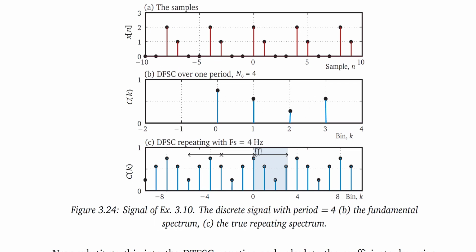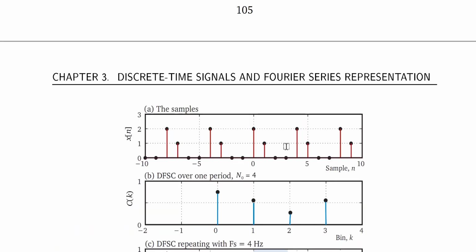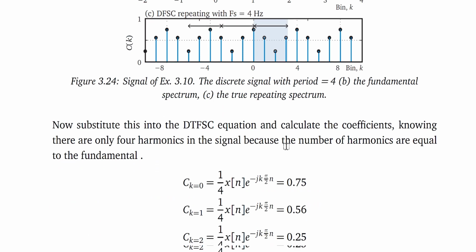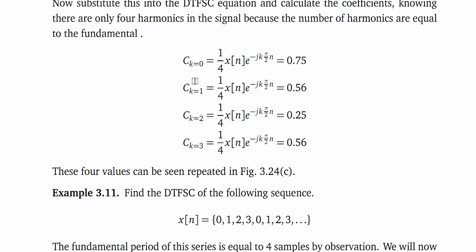Once again, if you plot it here, you see that it's repeating every 4 samples, which is the period of this signal. These are computed fairly straightforwardly in this fashion, or you can use MATLAB.